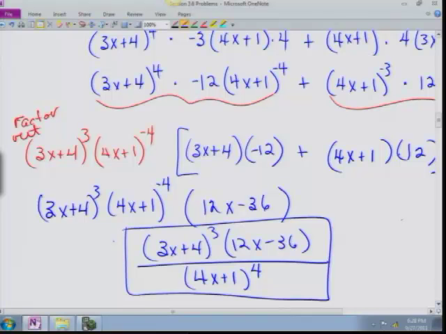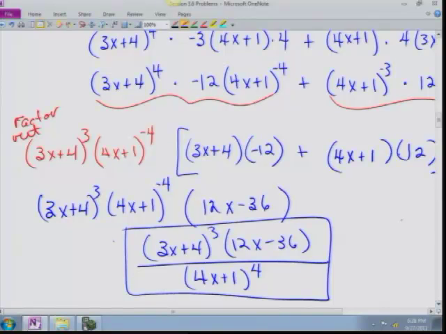Times 12 by 3x. Where? Here? And multiply by what? 12. These two are multiplied together. Up here? Yes.